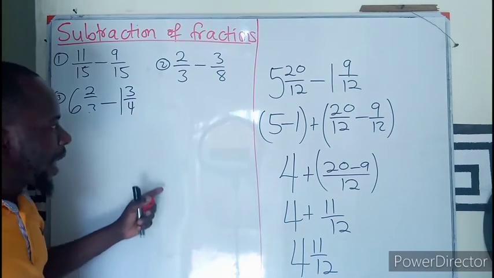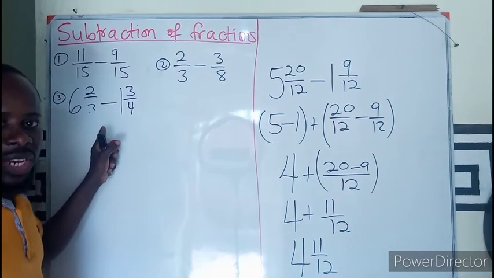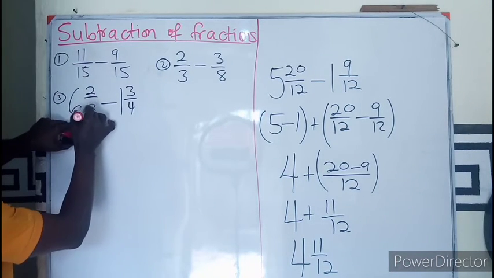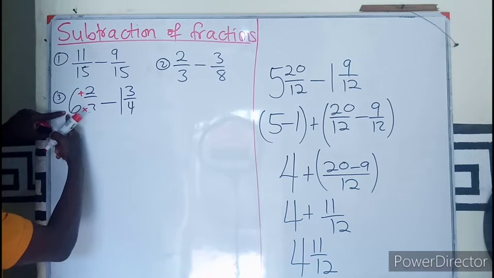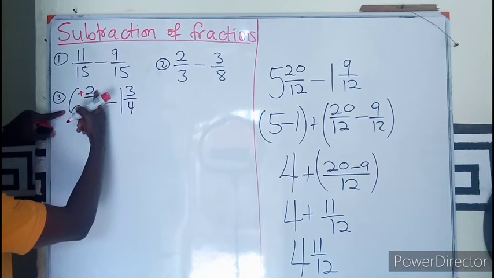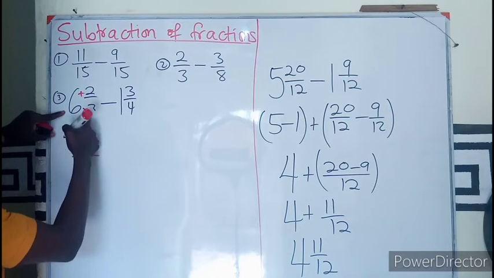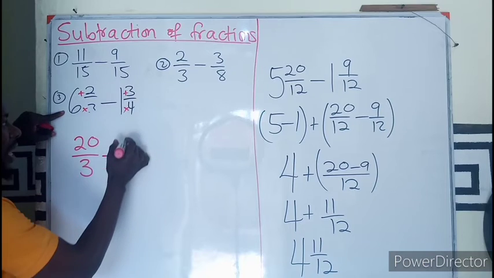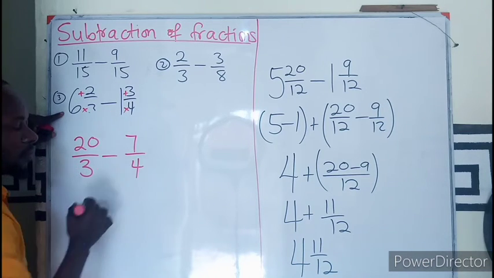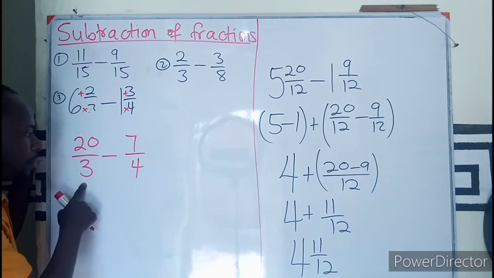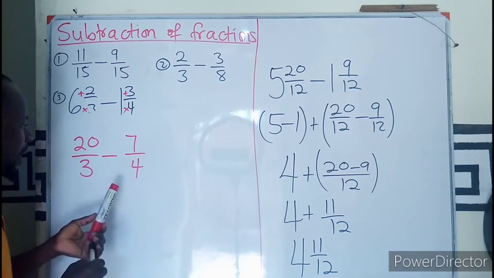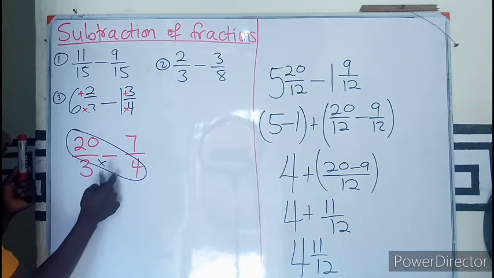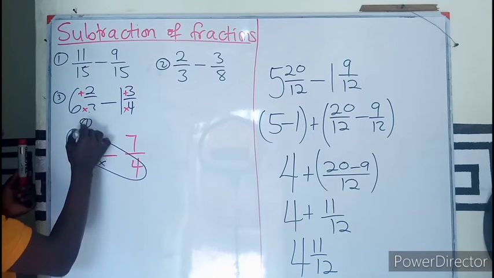Somebody will say, okay, why not convert these fractions into improper fractions? As in, 3 times this, 18 plus this, 20, divided by our denominator, 3, minus 4 times 1 plus 3, 7 over 4. You can see they are not the same denominators. So we go for the LCM or butterfly approach. Multiplication gives me 80.